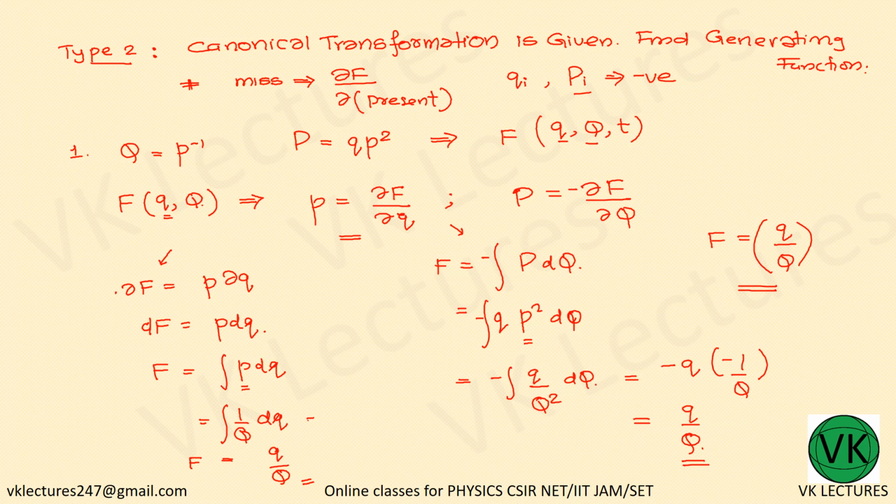In the exam you need to go through only one of the methods, I mean one of the integrations. Now look at this, we are finding f in terms of small q and capital Q. You can also find f in terms of small p and capital P, or f in terms of small q and capital P. So you can make the combinations and try to get the generating function f.